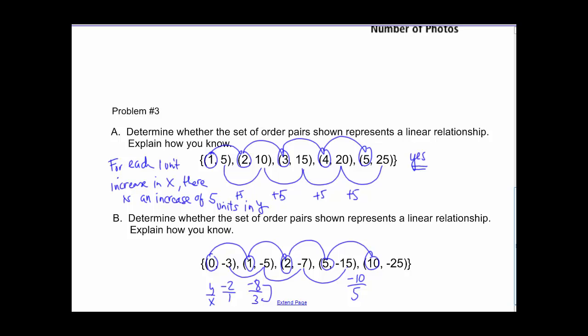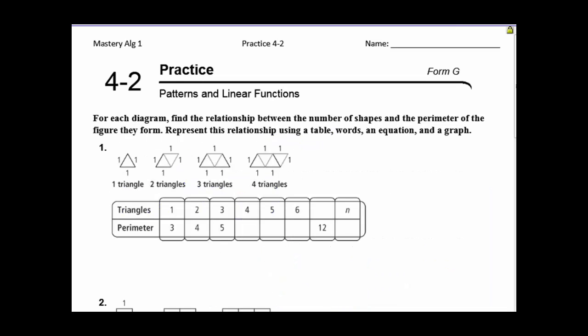You have negative 2 over 1, you have negative 8 over 3, and negative 10 over 5. Two of these are the same ratio, where negative 8 over 3 is not, so this is not a linear relationship.